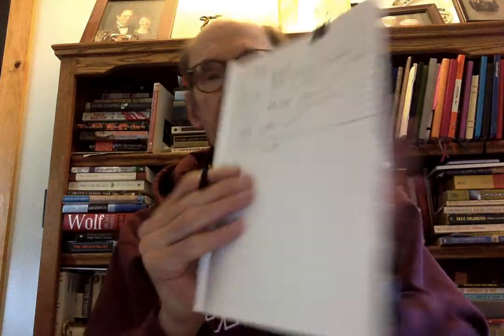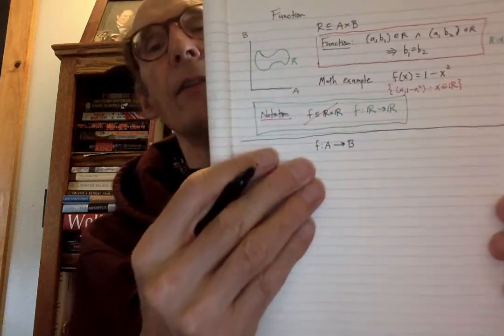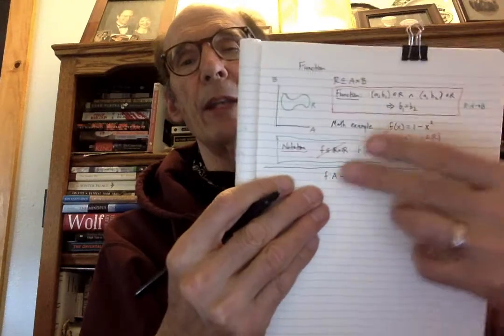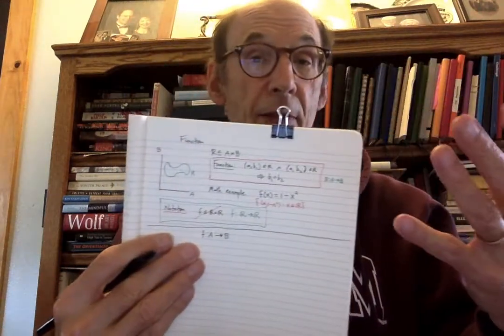Now, there's some vocabulary that is very useful and very commonly used, so let's introduce it. If I have a function f from A to B, and A and B might be any kind of set, it doesn't necessarily have to be a numerical function. It could be another kind of function. We've got some names for these things.